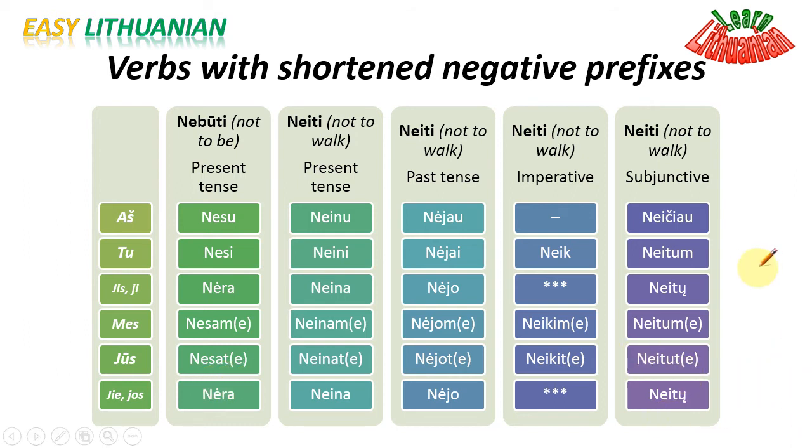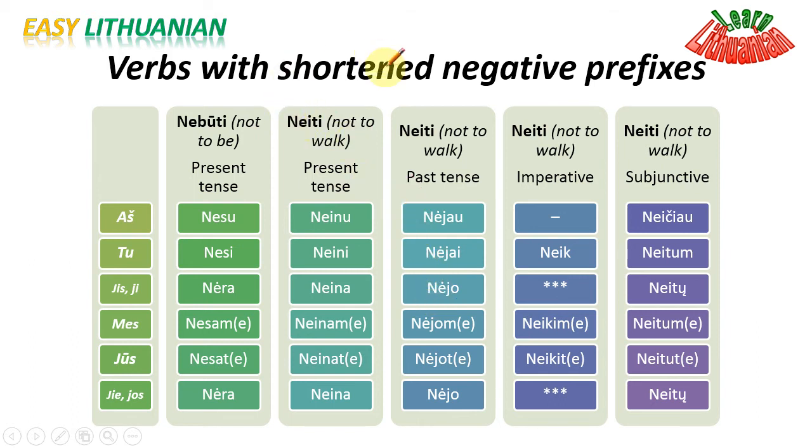And now, you will cope with all verbs easily. You will only add ne. But there are two negative verbs, which have short negative prefixes, and they are shortened to only n. Instead of adding ne, you only add n.